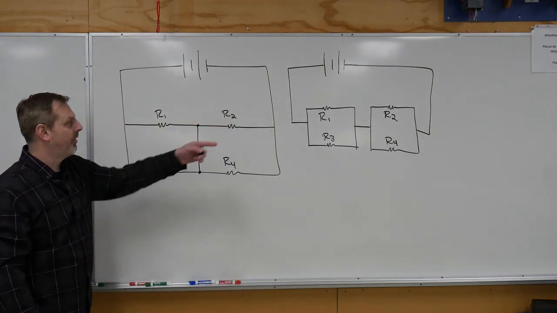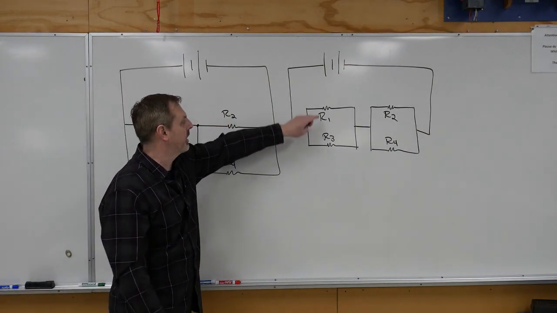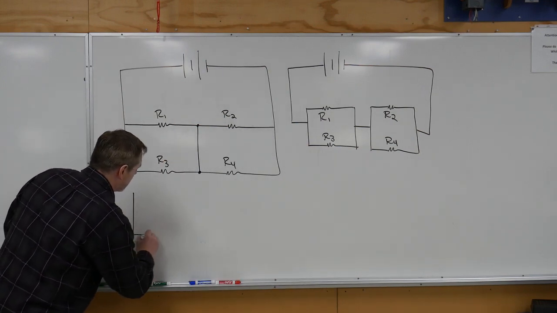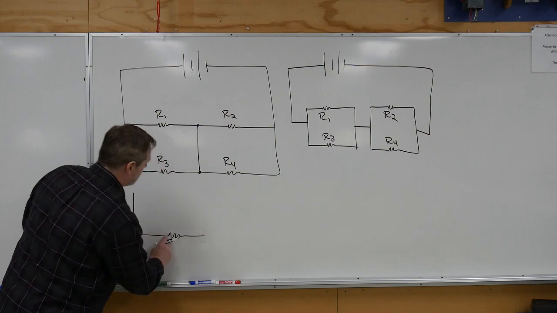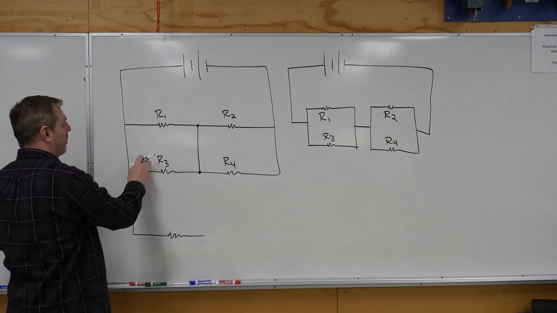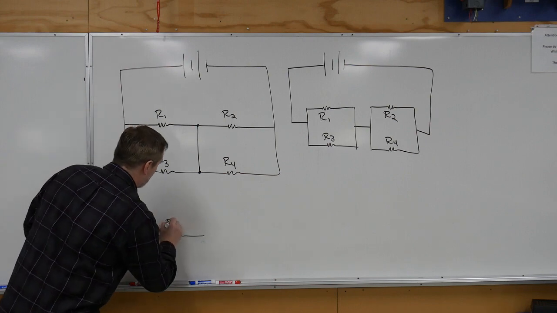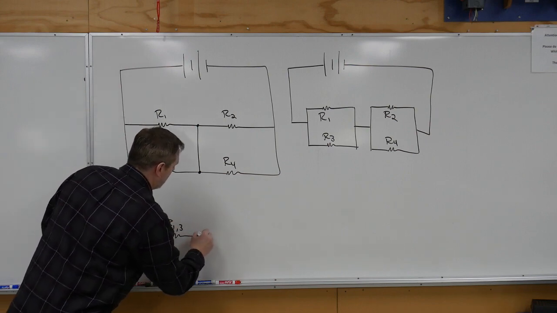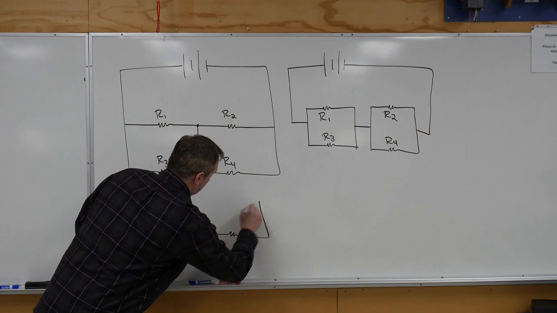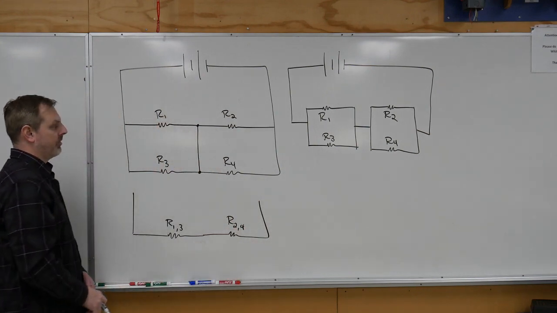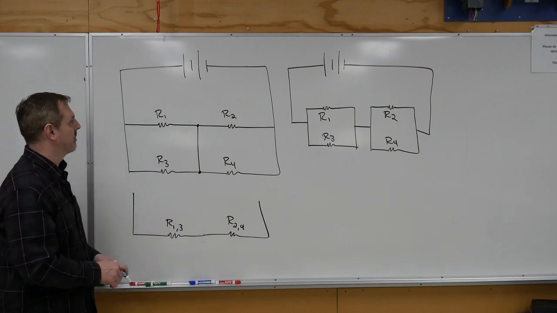Simplify it further. Look at the parallel relationship there. I'm going to do it down here because it'll make a bit more sense to solve it. So that resistor there is the parallel R total of these two, so that's R1 and 3. And then we'll come over here and do R2 and 4 over there. And it goes back to the source voltage.